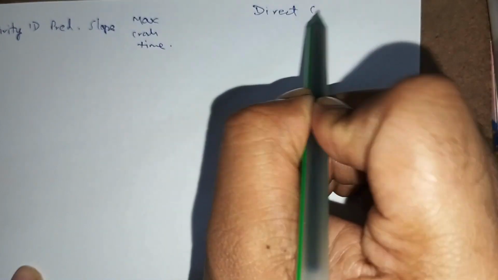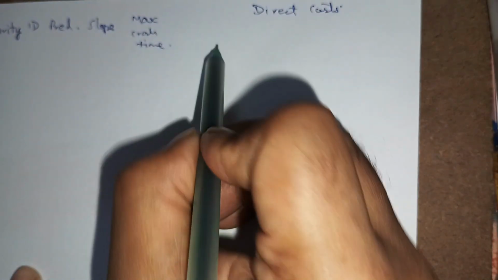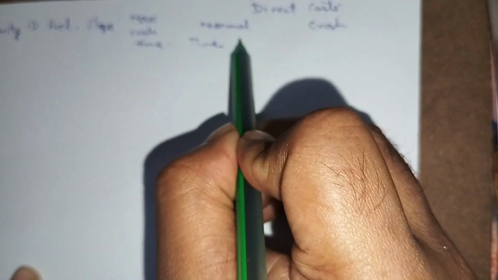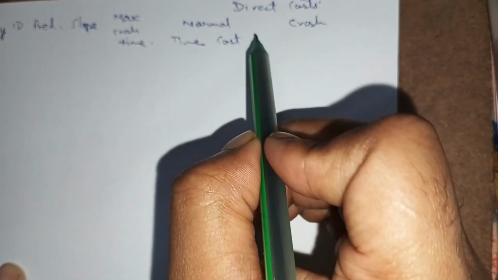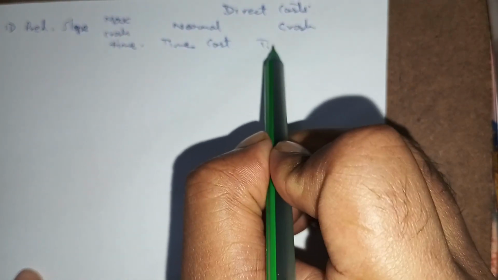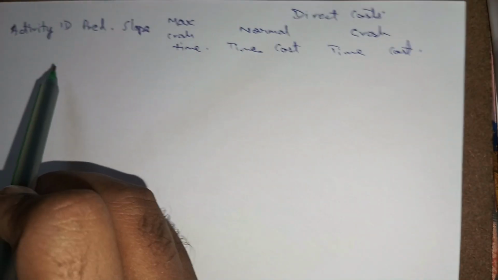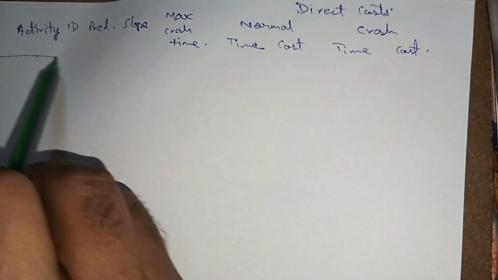Okay, so these are all for direct costs. Let's say this is for the normal time and the normal cost, and this is for the crash time and the crash cost. So this will be time factor, and this will be the cost component. So again, time and cost. Okay, so let's make the table.